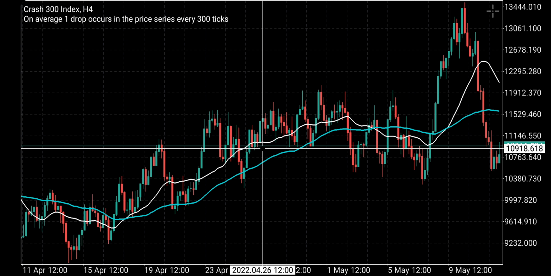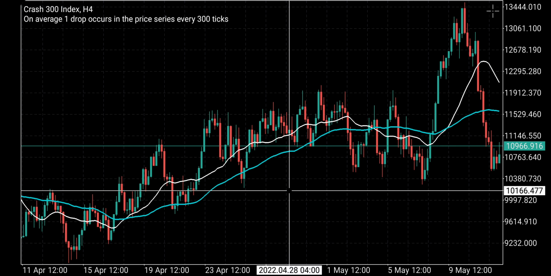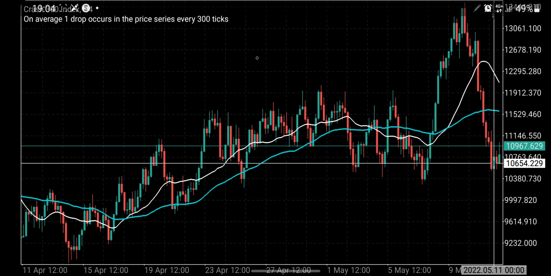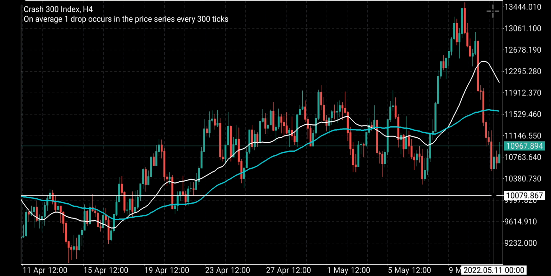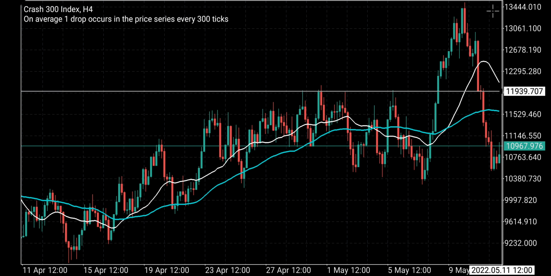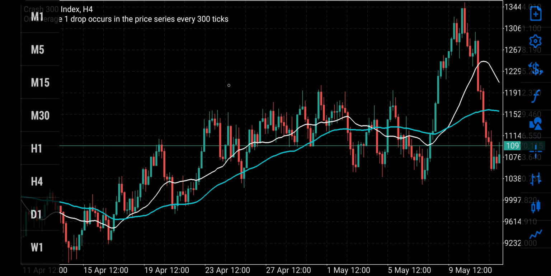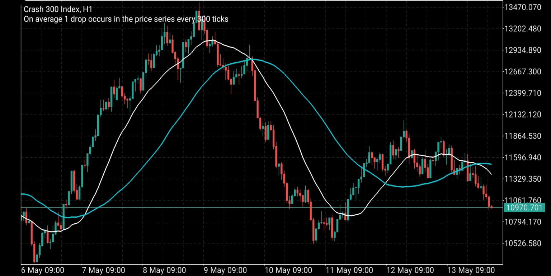I'm viewing this market in the 4 hour time frame, so I'm going to reduce it to something lower so that we'll be able to see the market clearly. Probably I'll enter the 1 hour time frame, and we can use this to analyze.